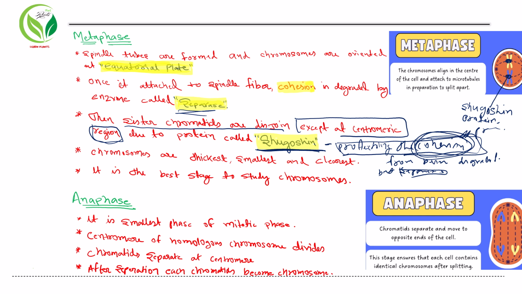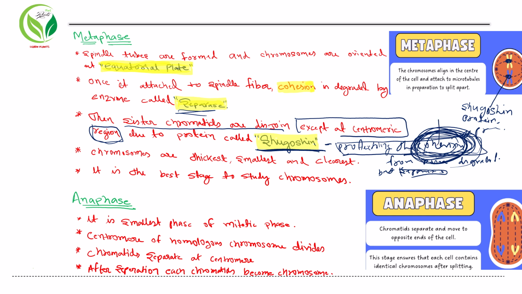So what is it protecting? That cohesion. It protects the cohesion from being degraded by separase. Cohesion is protected, and how is it protected? It is protected through this Shugoshin protein.